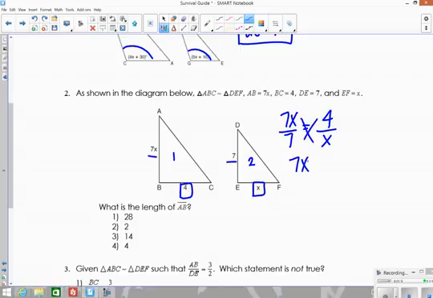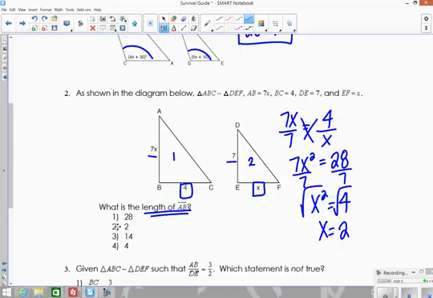So we get 7x squared equals 28. Divide both sides by 7 to get x by itself, so we get x squared equals 4. Square root both sides, so we get x equals plus or minus 2, but we reject the negative. So we're just going to keep x equals 2. And remember, the answer is not what is x, it's what is the length of AB.